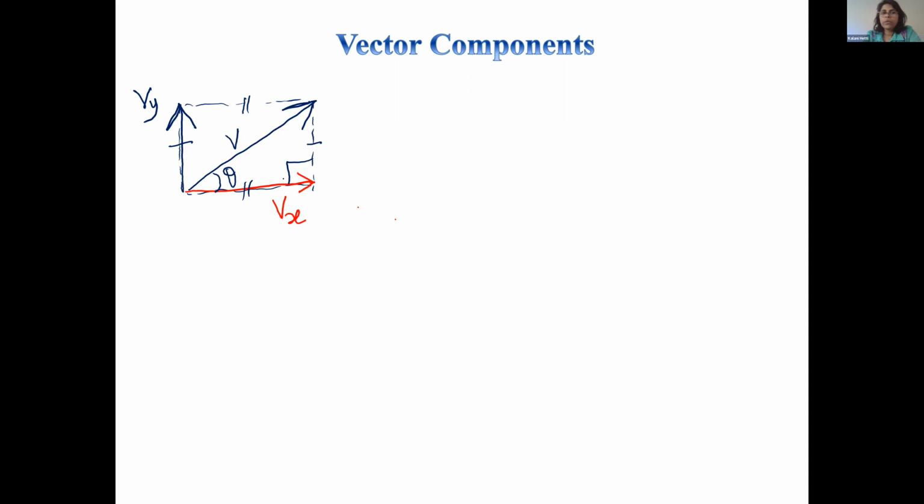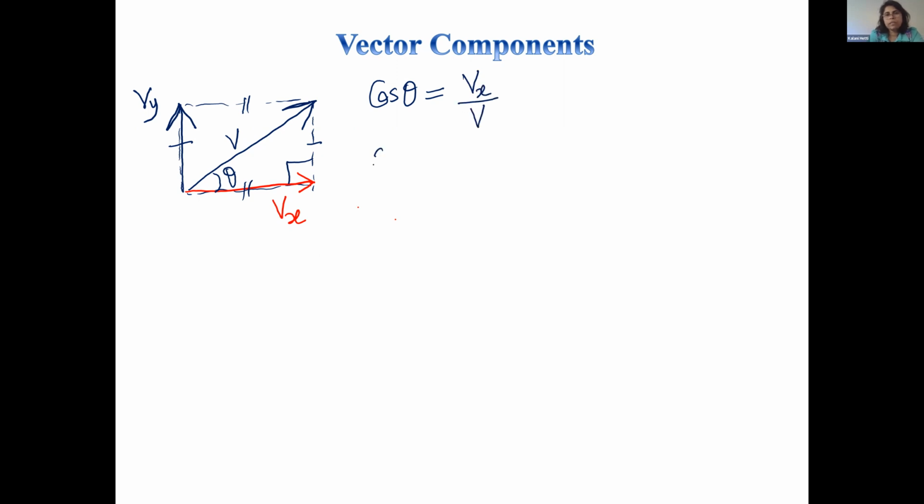So now how do you write the Vx, right? Say I know V and I know the angle theta, then I need to write the adjacent of your right angle. It's very important that you know how to write this Vx and Vy in terms of V and theta. That means cosine of theta in trigonometric functions, you can write as adjacent divided by the hypotenuse, right?